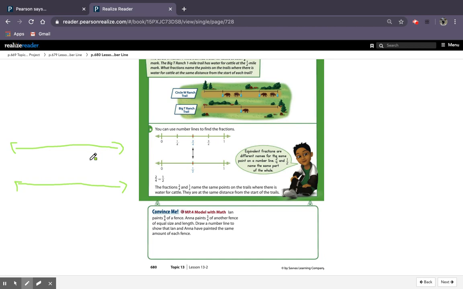So for this, I'm going to label my first one using Ian's measurements, which are eighths.